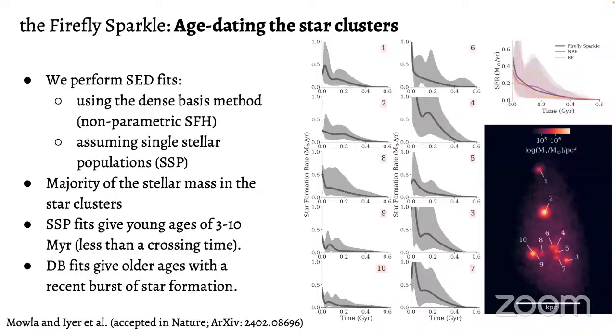And all of this starts supporting this picture of high density star formation in these giant clumps. And so we went in and we started trying to get at the stellar populations, and we found that almost all of the mass in the system, so that's the source plane reconstruction, almost all of the mass tends to live in these compact high density clumps.